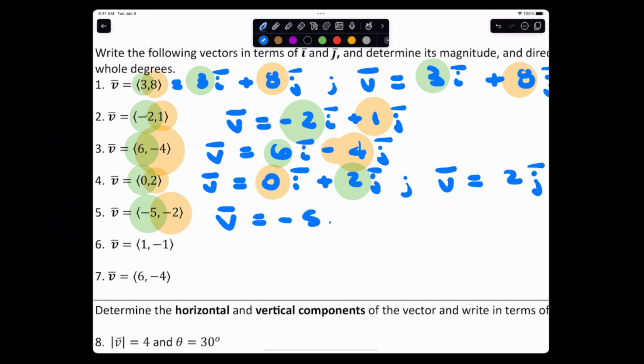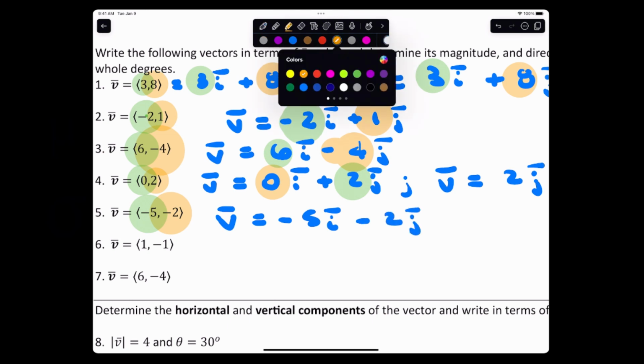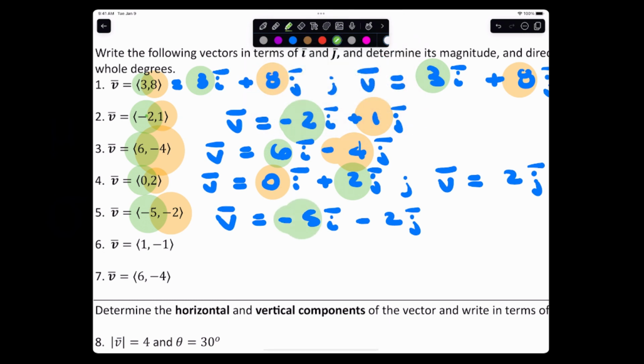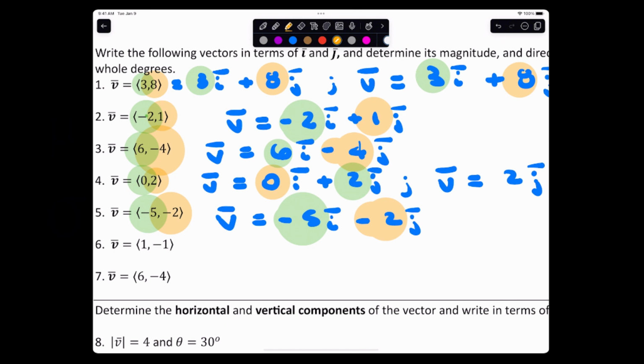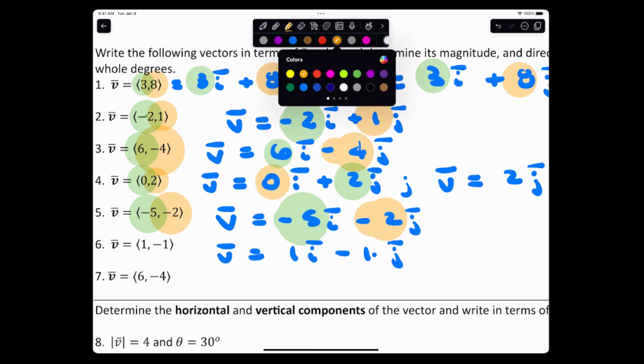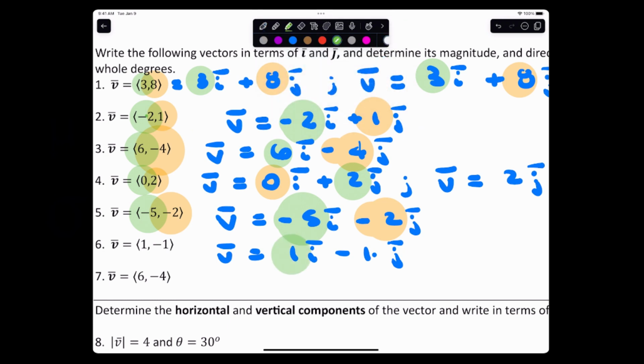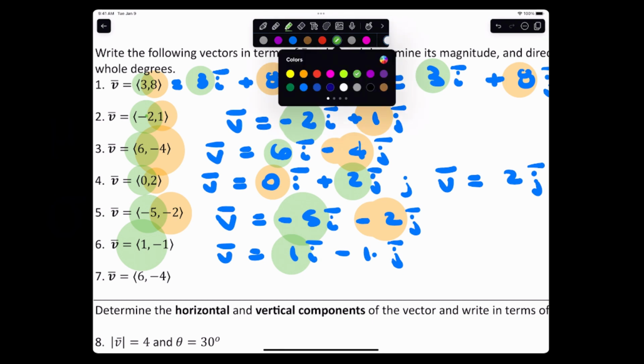So you get negative 5i minus 2j. Vector v, 1i minus 1 what? j. Okay, 1, here's the 1, and then you got the negative 1.